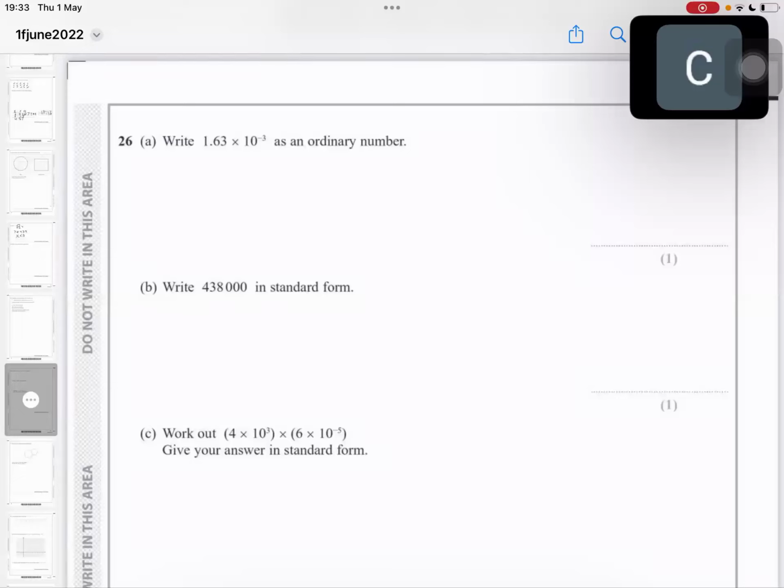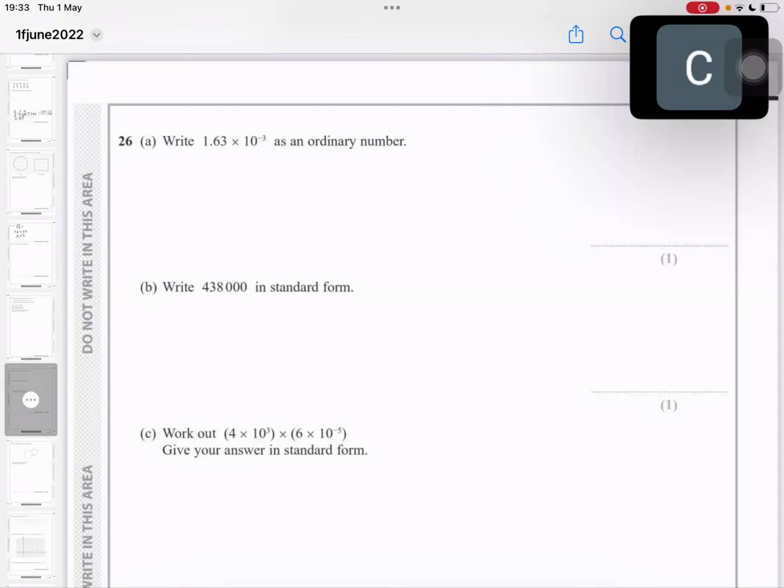So what you are looking at here, 1.63 times 10 raised to power minus 3, is simply the same as 1.63 divided by 10 raised to power 3, which is 1000, right?